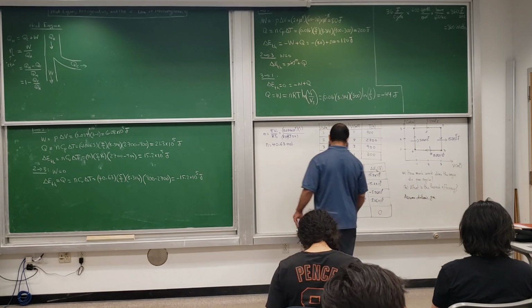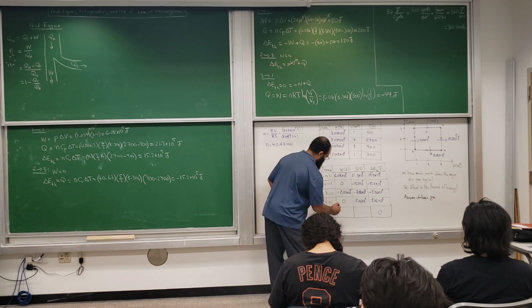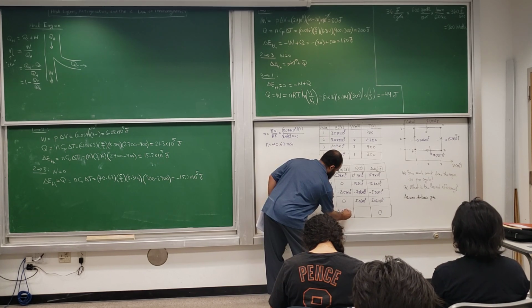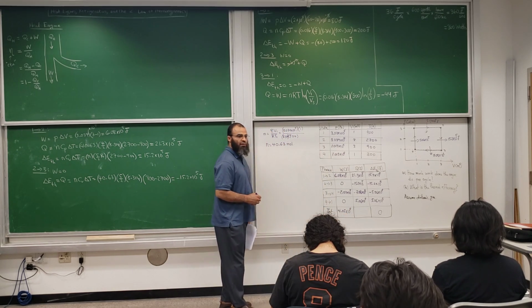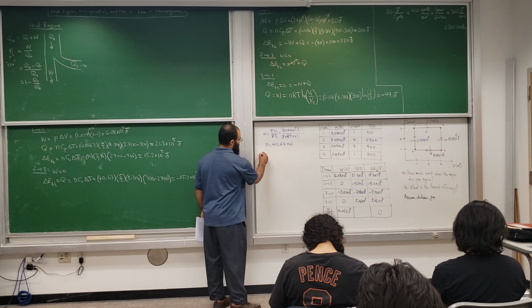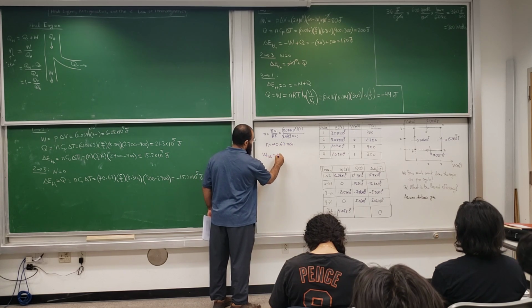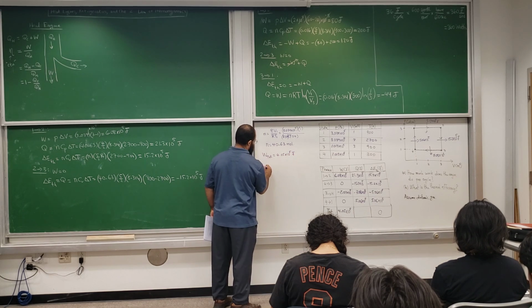For the total work, just add these, and you should get 4.05 times 10 to the fifth. So what can we say? Well, we can say the total work is what I just wrote, 4.05 times 10 to the fifth joules. How about QH?